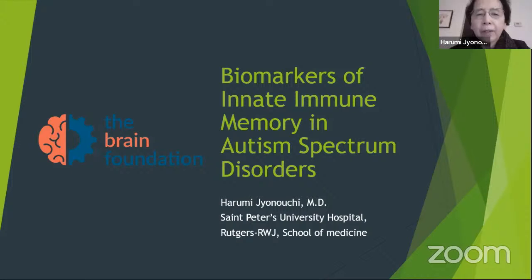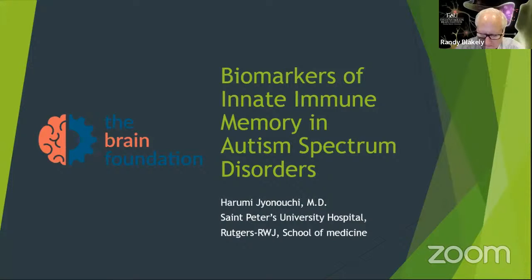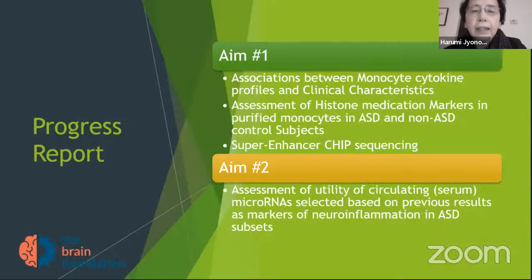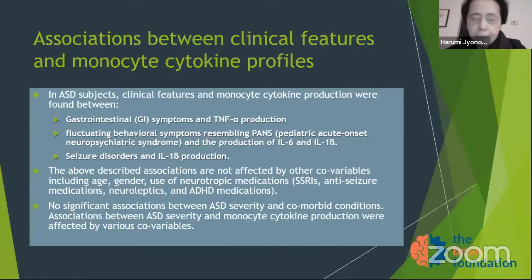And thank you for inviting me, and also very generously funding this project. So this is a progress report of the project funded by the Brain Foundation, focused on innate immune memory biomarkers as a part of neuroinflammation.